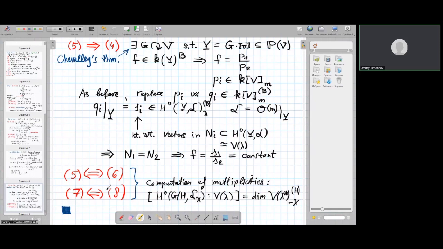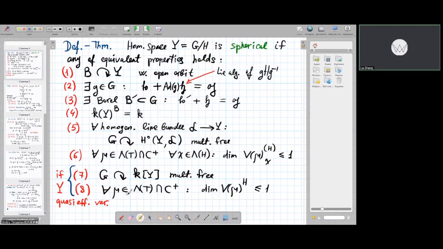If I have some question about condition 8, what do you mean by the upper right H? Well, exactly the same as here, for instance. The space of not eigenspace. Not eigenspace.